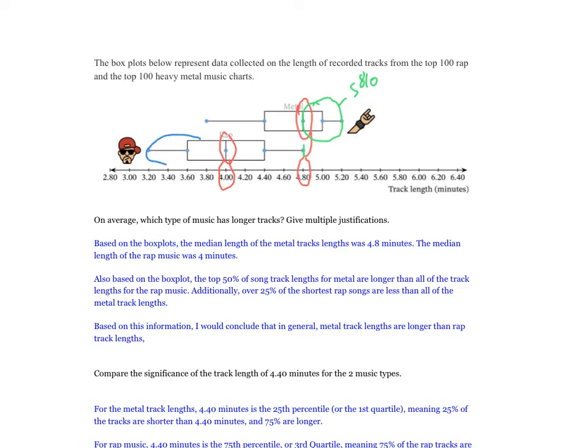So I was talking about these right here. I know it's more than 25% because this is Q1, okay? So at least 25%, but there's just a little more space there until we hit the shortest metal song right here, okay? So I said based on this information, I would conclude that in general, metal track lengths are longer than rap track lengths. It's hard to say fast.